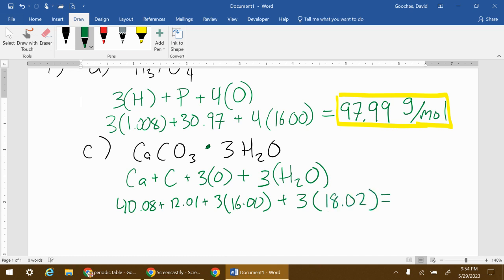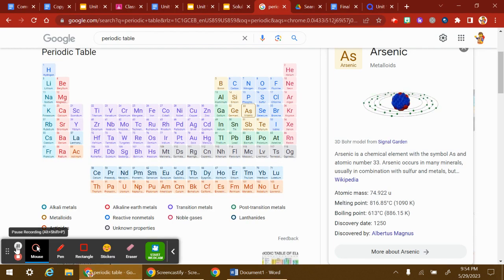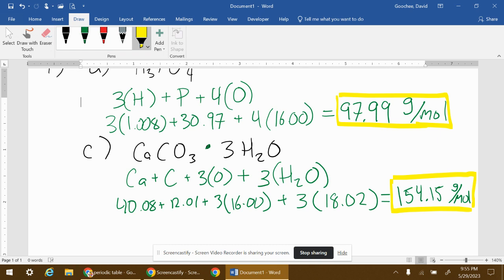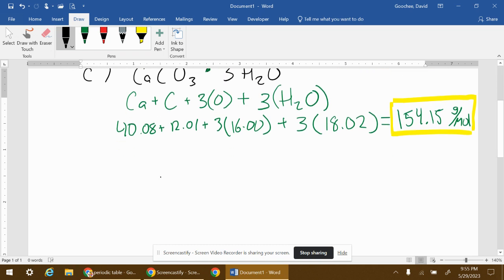So you add those all together, and I got 154.15 grams per mole. If your numbers are slightly off because of the periodic table values differing slightly, that's okay, guys. You'll have your periodic table to work with on this test, so you'll have access to everything you need. All right, let's do one more.